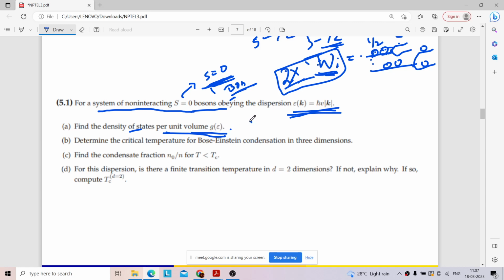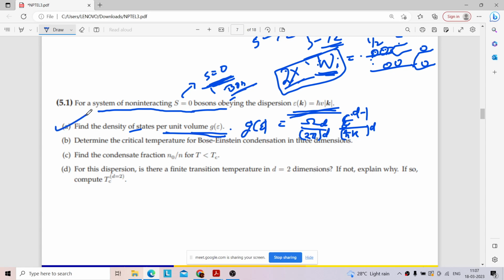So we have calculated g(E) as some volume in this case space over some normalization constant 2 pi to the power d, and we got epsilon to the power d minus 1 over proportionality constants, which is k_d.